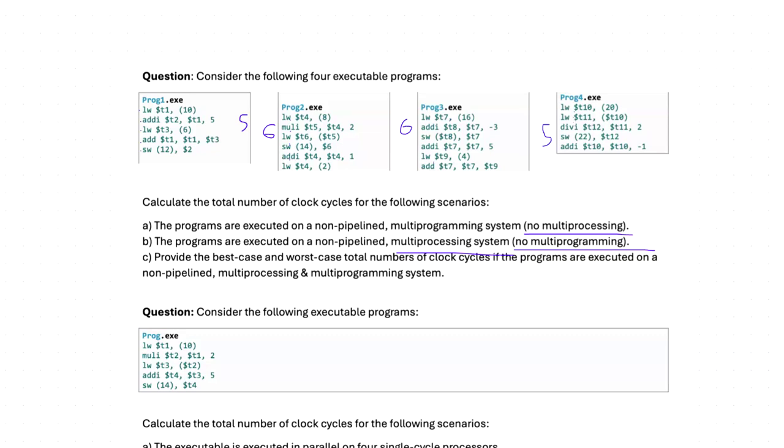For the first two, literally 5 plus 6 plus 6 plus 5. That's literally what it would be for A and B. For C, it's going to be a little different because we want to do the best and worst case ways of doing this on a non-pipelined multi-processing and multi-programming system. Interesting. We're not provided the number of cores.